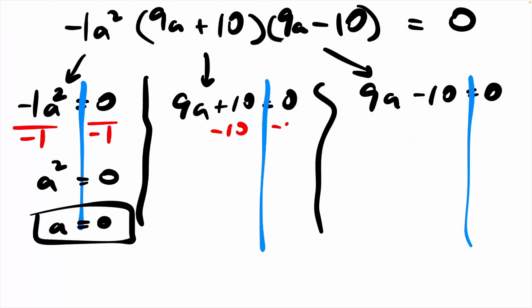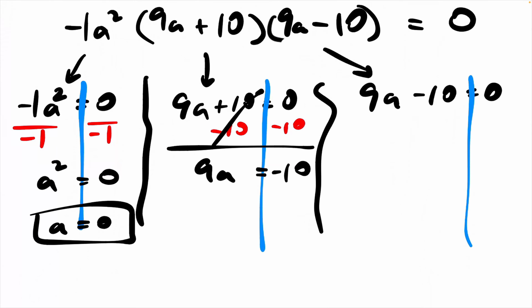Subtract 10 from both sides. Negative 10 over 9. Don't change it to a decimal because it's going to be a decimal.